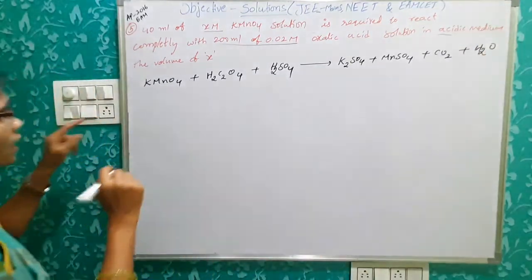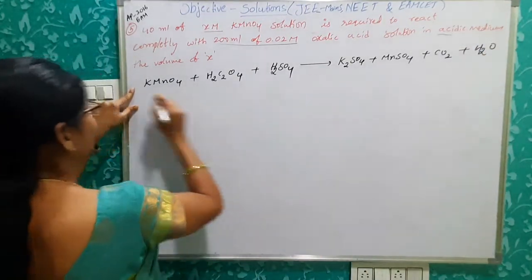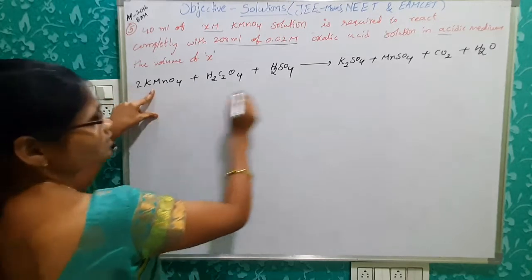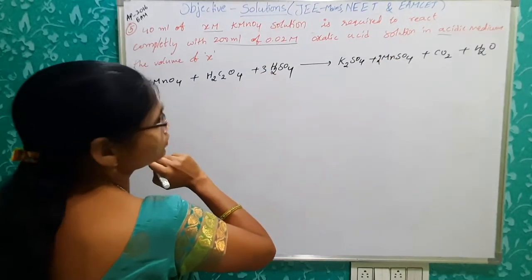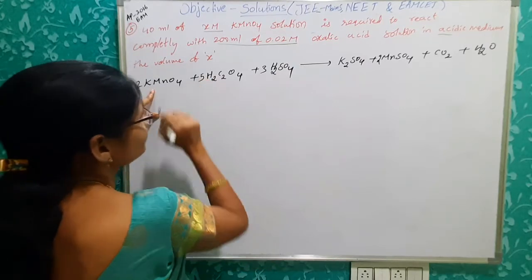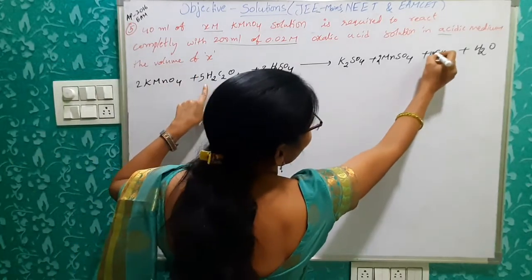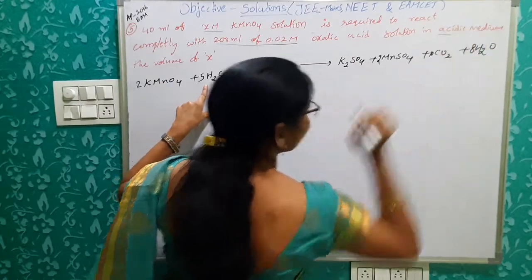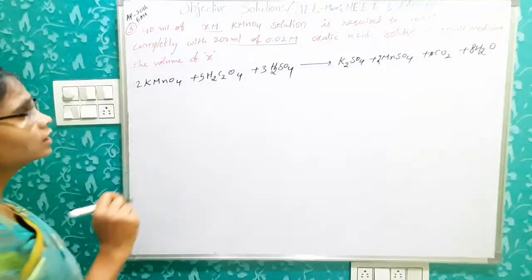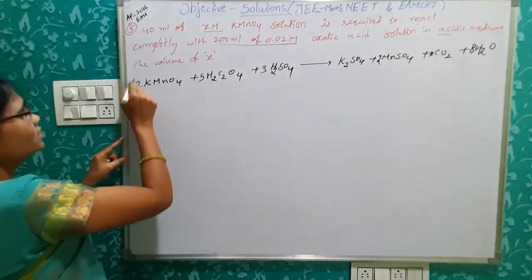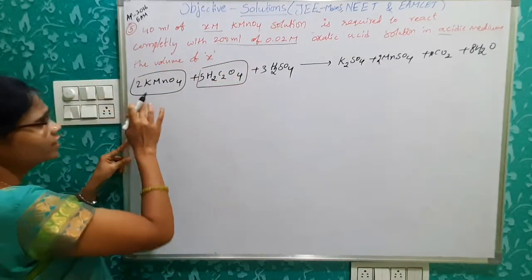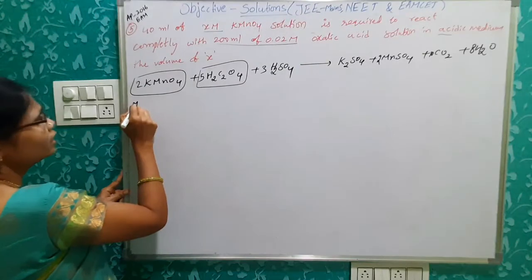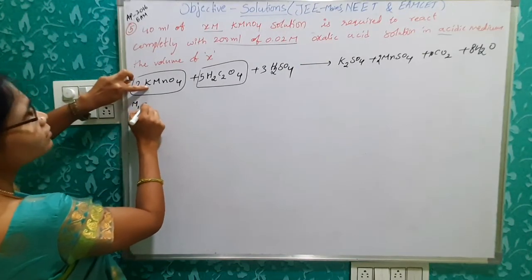So this is the chemical reaction: 2 moles of KMnO4, 2MnSO4, 3 moles of H2SO4 we have to take, and 5 moles of oxalic acid, 10 moles of CO2, 8 moles of H2O. Now you have to compare oxalic acid and KMnO4. For the molarity of KMnO4, M1 is given as X.